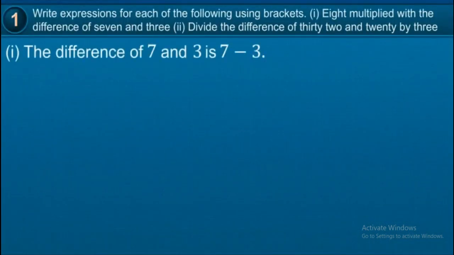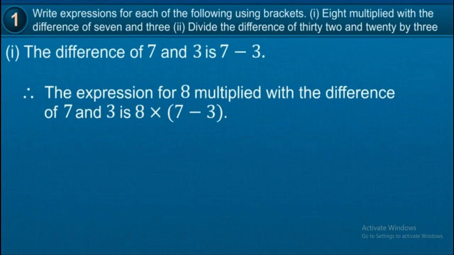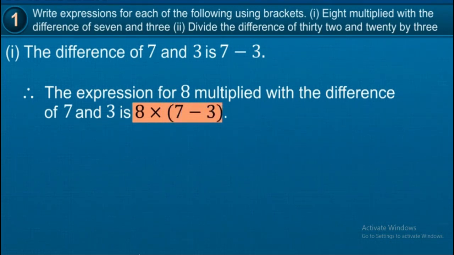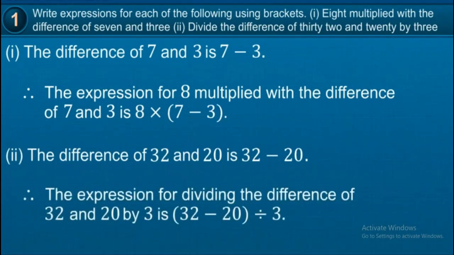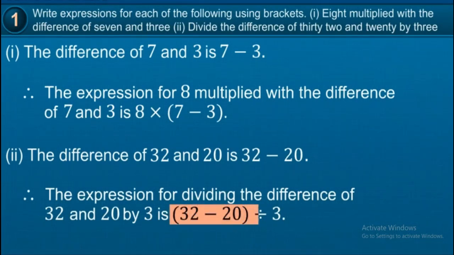The difference of 7 and 3 is 7 minus 3. So, the expression for 8 multiplied with the difference of 7 and 3 is 8 times (7 minus 3). The difference of 32 and 20 is 32 minus 20. So, the expression for dividing the difference of 32 and 20 by 3 is (32 minus 20) divided by 3.